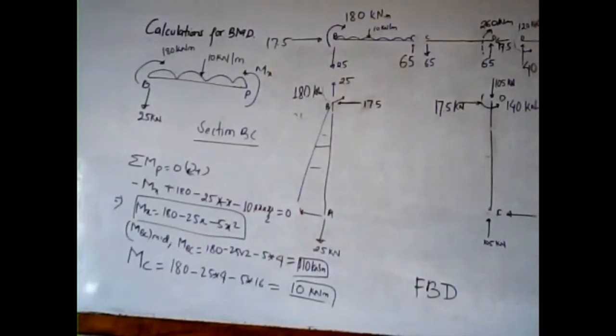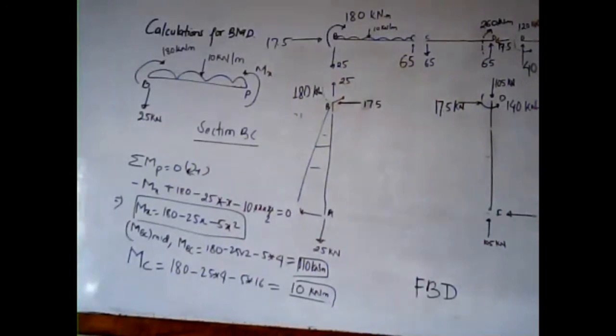Likewise, we can determine the moments in the section BC. Here the section BC is the UDL, uniformly distributed load section. So we cut the section at point P as shown in the figure, and assume the moment at that point P as anti-clockwise Mx. We need to know the moment at this section Mx.